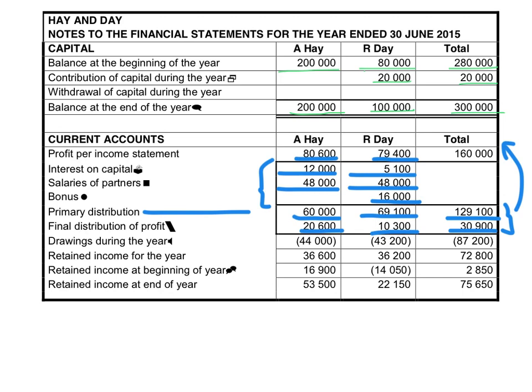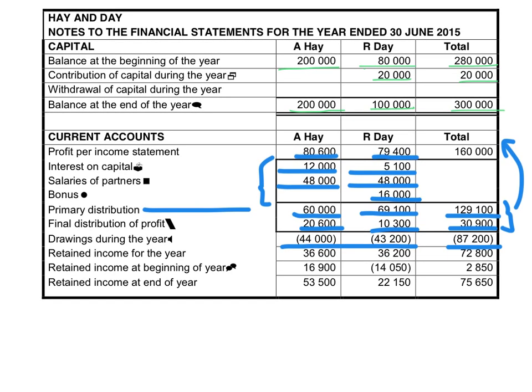Then we will deduct the drawings during the year, so the 44,000 and 43,200, and show that the total drawings, 44,000 plus 43,200, is 87,200.